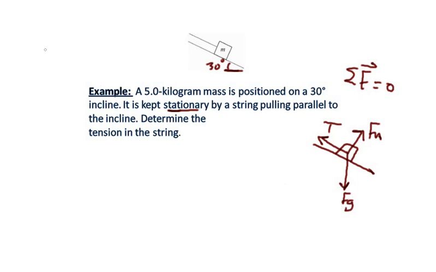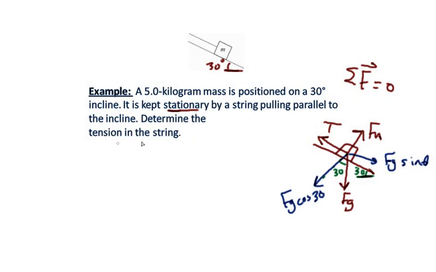To be able to analyze this problem, we need to decompose the gravity. This is 30 degrees here, and this angle is also 30 degrees. So here, this is Fg cosine 30, and this is Fg sine 30.